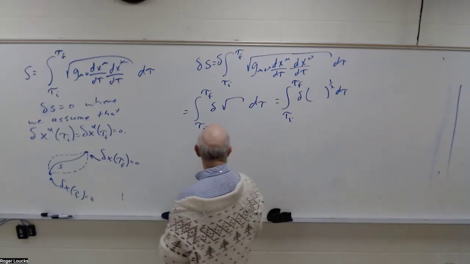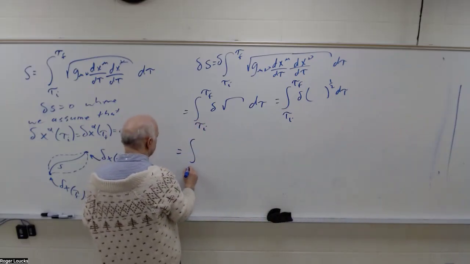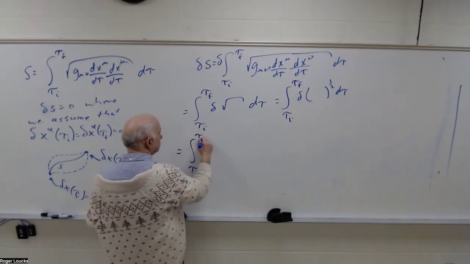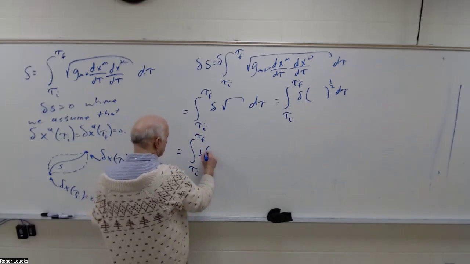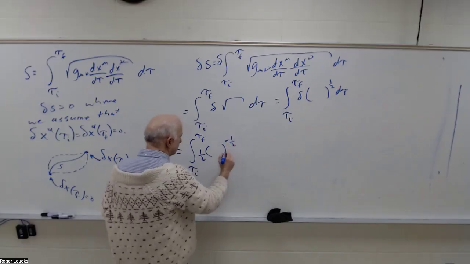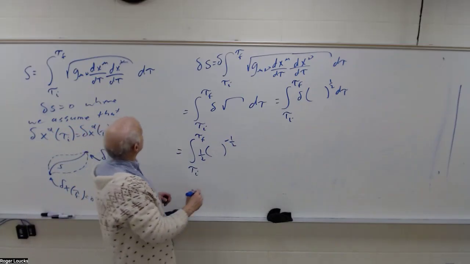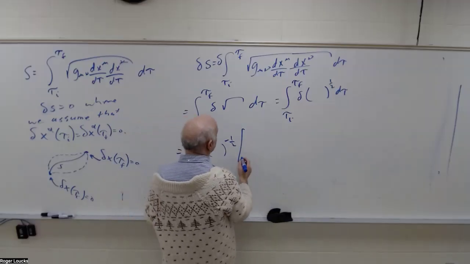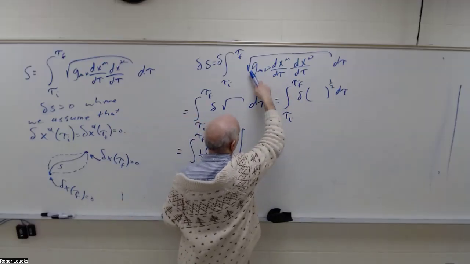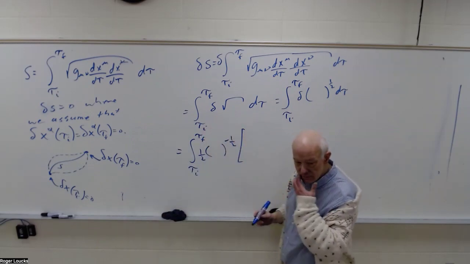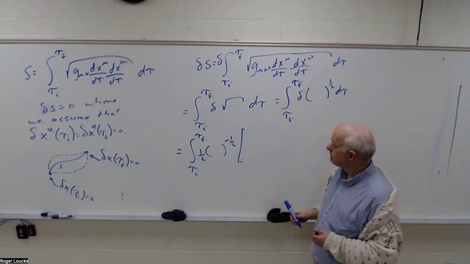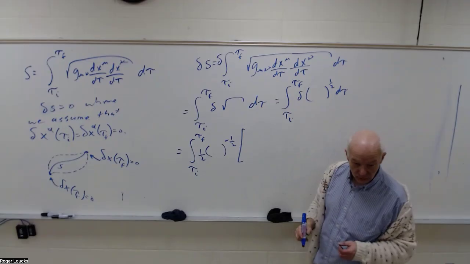So this would give you 1/2 of this thing to the minus 1/2 power. I'm just doing that for simplicity. Now times the derivative of the interior. If I take the variation of the interior, what do I get? A triple product.